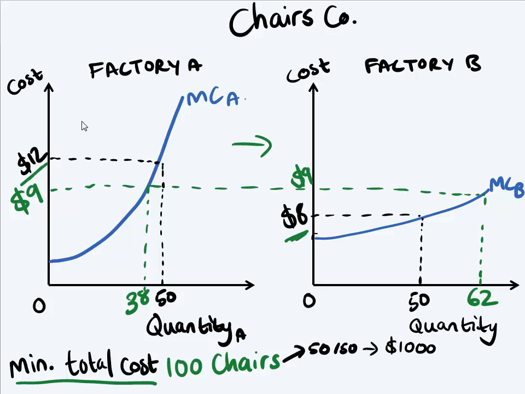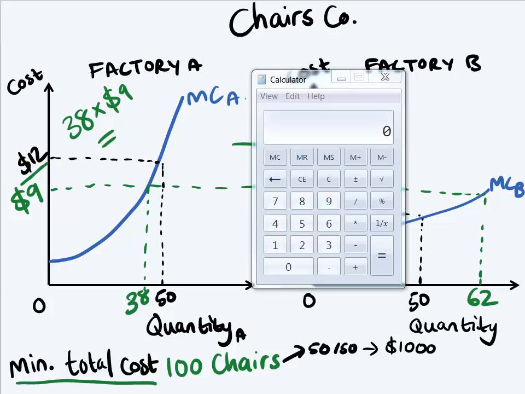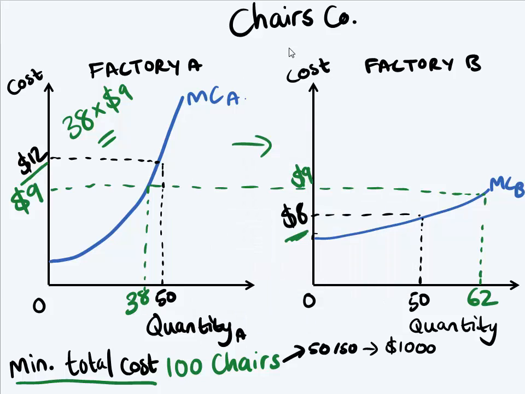Now if I produce 38 chairs here for $9 per chair, let me get my calculator out for this one, 38 times 9 equals 342. Let's take this down, $342. This side I'm producing 62 chairs at a price of $9 per chair, also $9. Why?